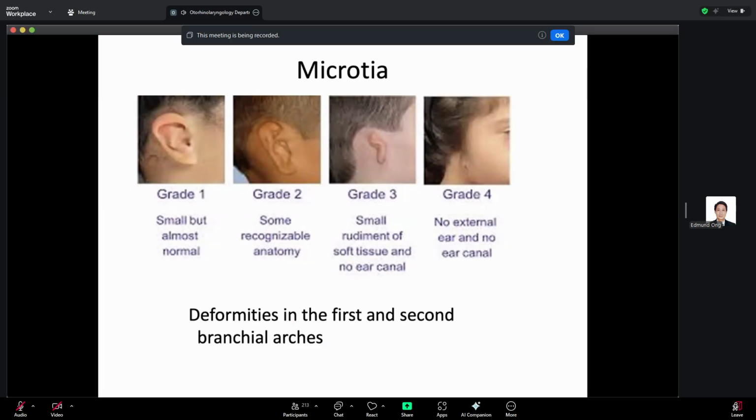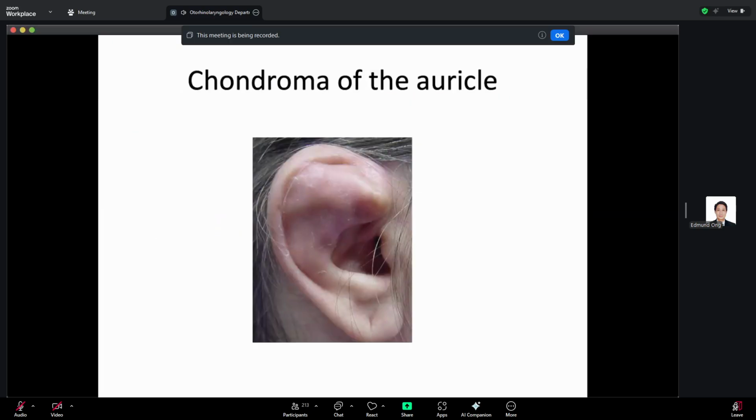Next slide. So chondroma can be seen at the pinna. This is not a soft tissue. It is usually a hard and solid mass in the auricle. There's nothing other than the aesthetic part of the chondroma.